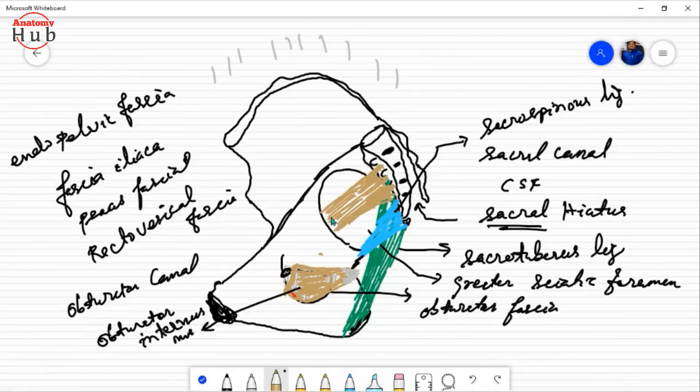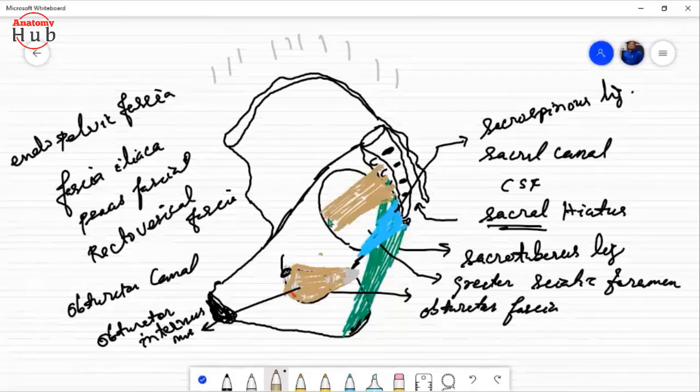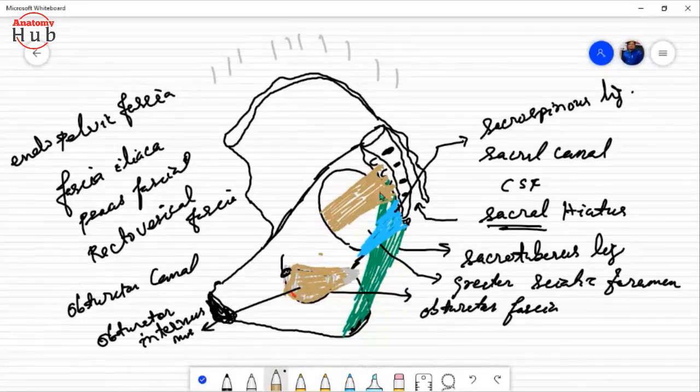So this piriformis muscle arises at the inner part of the pelvis, but through the greater sciatic foramen it goes outside the pelvis, and it attaches again to the greater trochanter of the femur, right? So this is the key muscle over here.